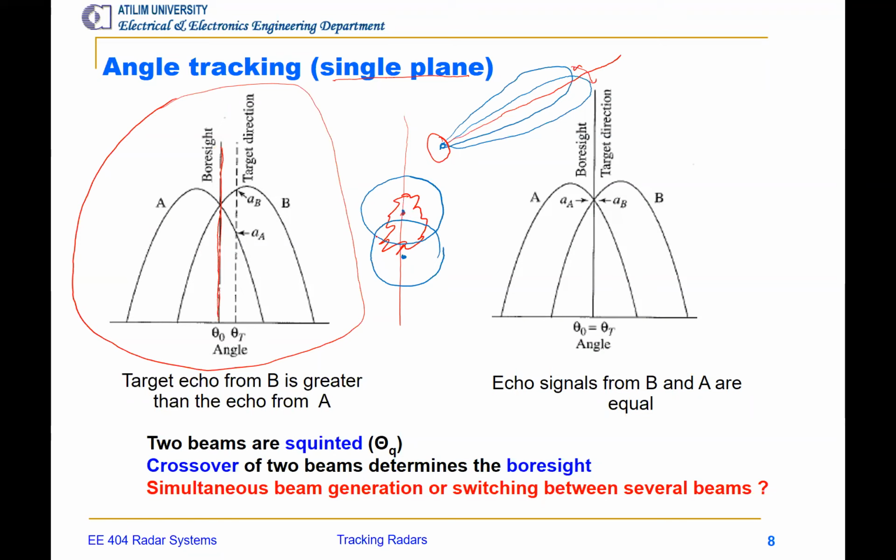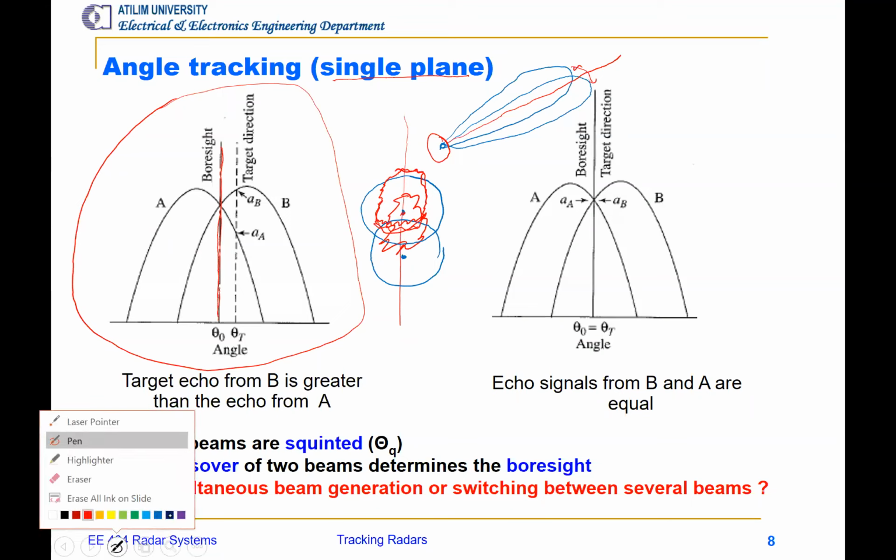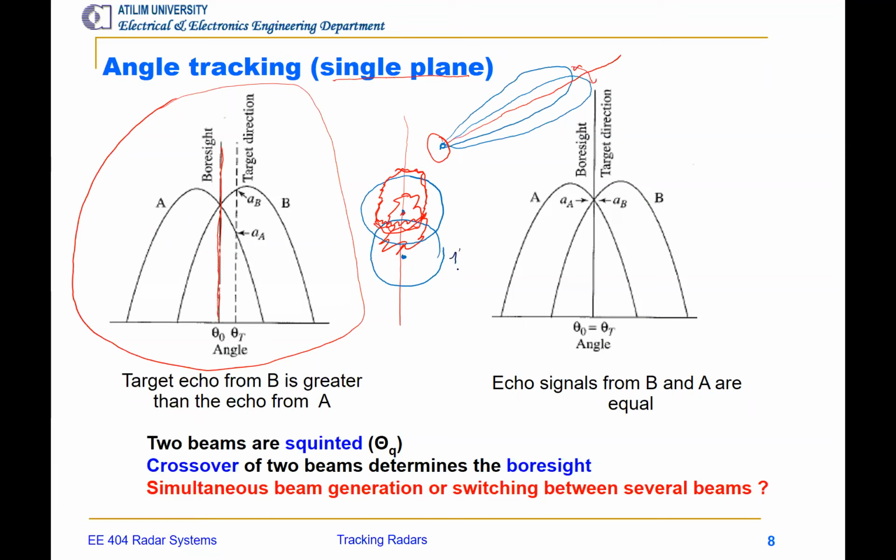So what happens then here? If we look at the signal power here, for example, they're almost similar. When the target is moving up, let's say this is the next position of the target, then if we look at the beam powers here, the echo signal power, you see that the power coming from beam 2 is greater than beam 1.